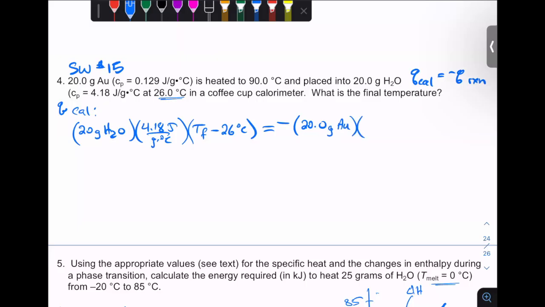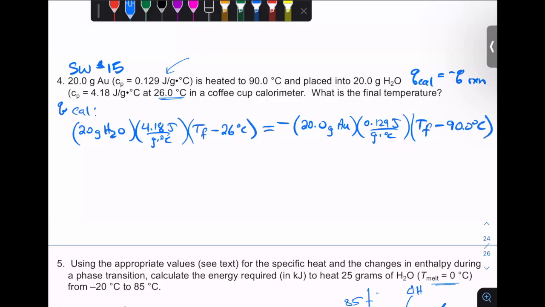The specific heat capacity of gold is 0.129 joules per gram degree Celsius. And delta T. Now in this case, we don't know what the final temperature is, but we know what the initial temperature is. We heated it to 90 degrees. So T final minus T initial, which in this case is 90 degrees.